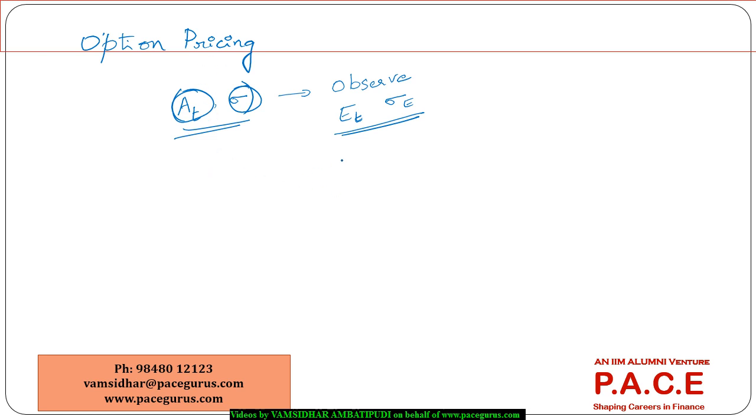So for any publicly traded firm, I can get the value of the equity, and from the value of the equity, I can try finding out the historical volatility associated with the equity.